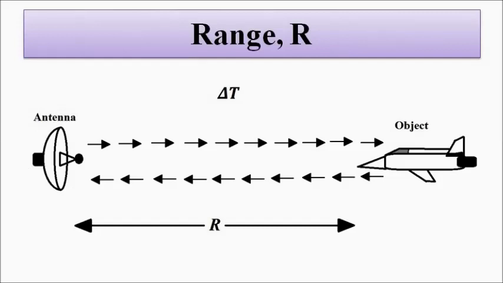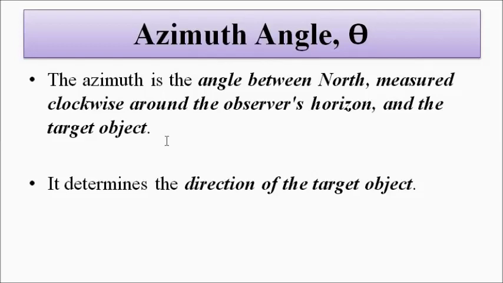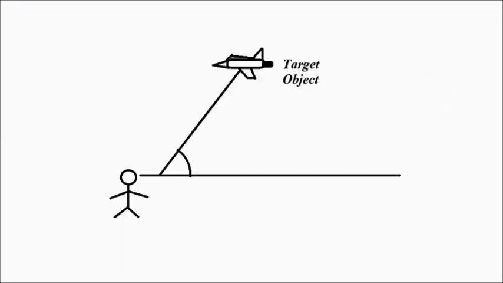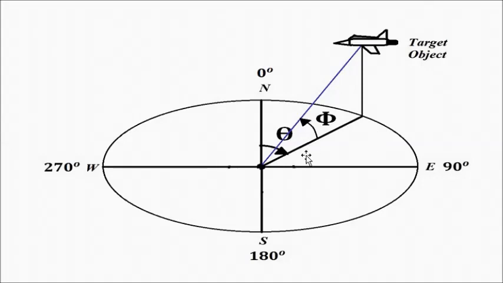The azimuthal angle is the direction of the target object, the angle measured clockwise from north on the observer's horizon. Then we have the elevation angle, which determines how much above the ground, in angular measurement, the target object is. I've already discussed all these things.